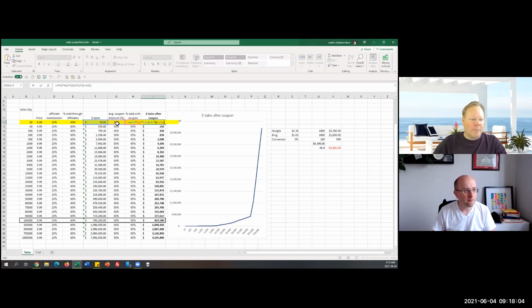Isn't the coupon applied before the affiliate commission? You're not paying the affiliate 25% of the $10, you're paying them 25% of the post-coupon price. Of course. Great, brilliant. Yeah, so this is all messed up.